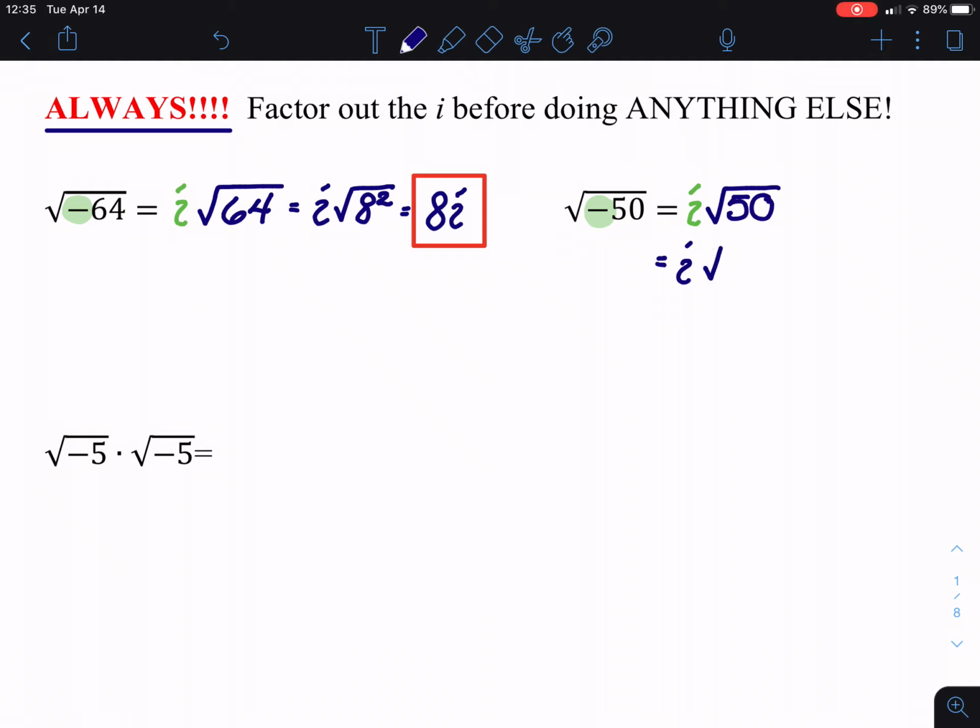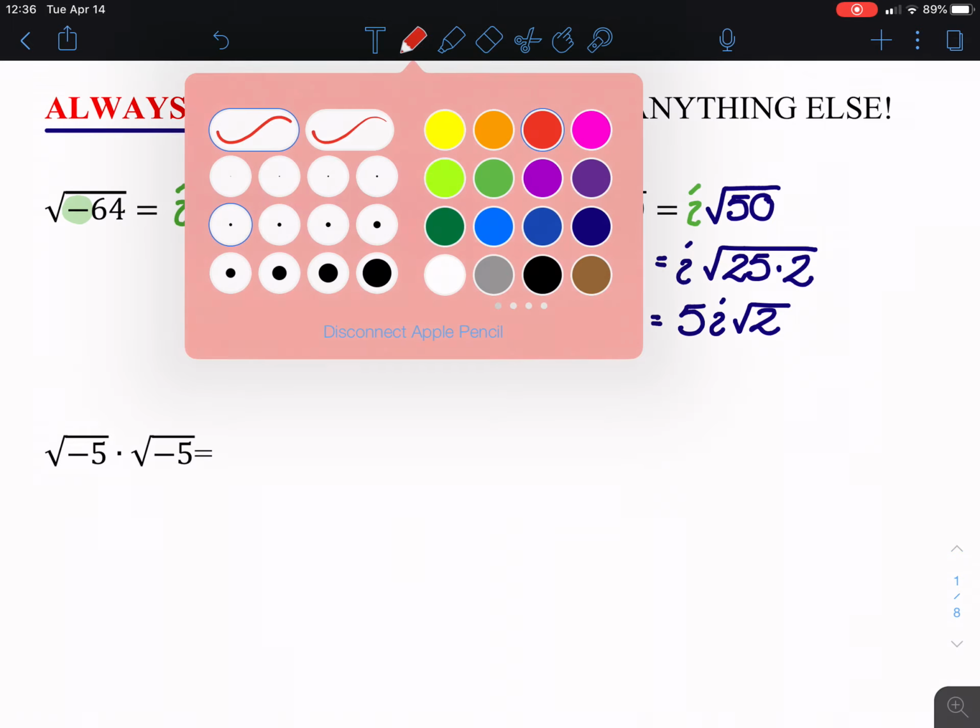So I have i times the square root of, well, 50 is 25 times 2. 25 I know is a perfect square, so the 5 can come out because it's 5 squared. So that's going to give me 5i times the square root of 2 as my solution there.